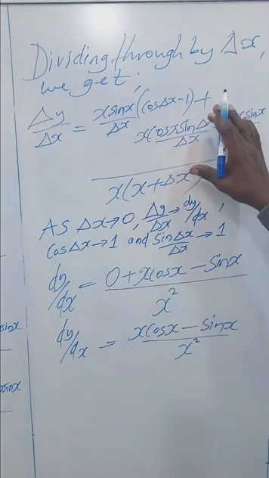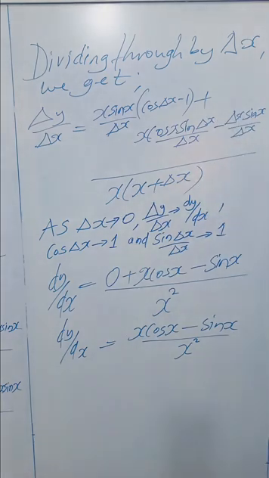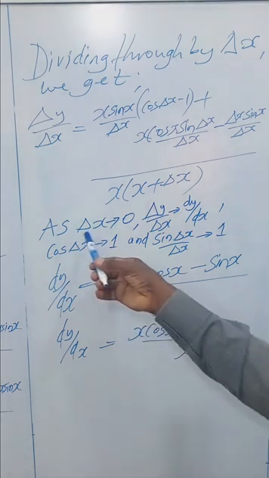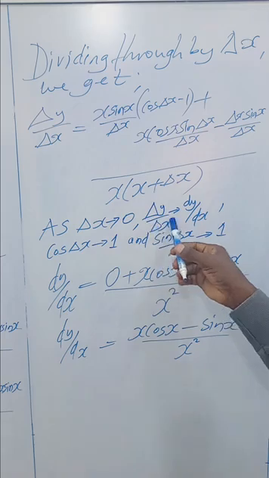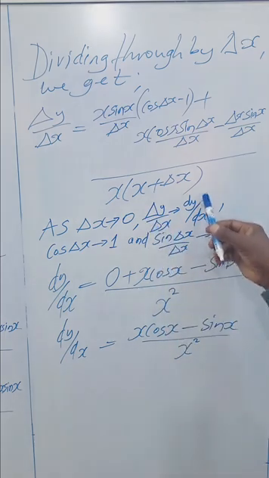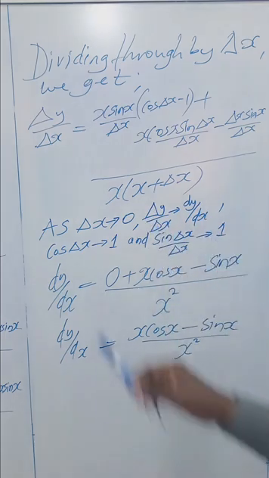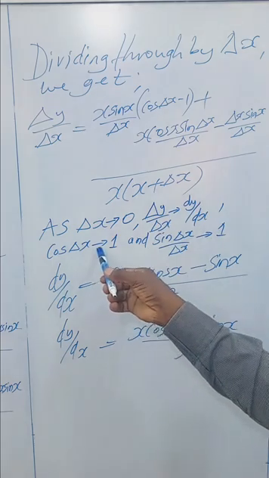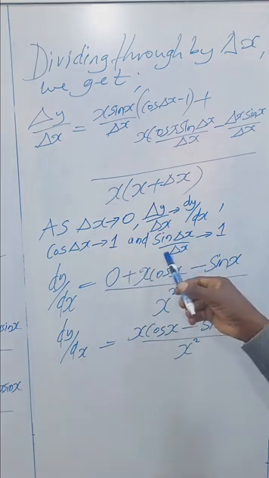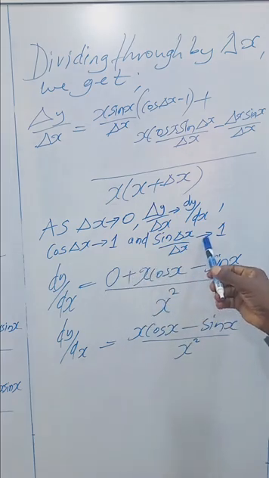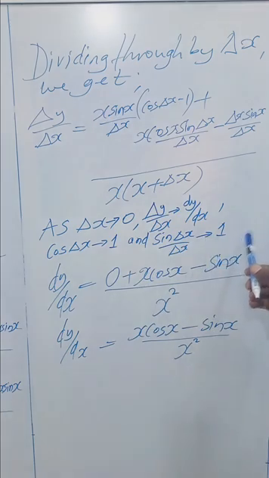When you reach this step, we go back to the basic principle of what a small increment means. As delta x approaches 0, delta y over delta x will approach dy/dx, cos delta x will approach 1, and sine delta x over delta x will approach 1.